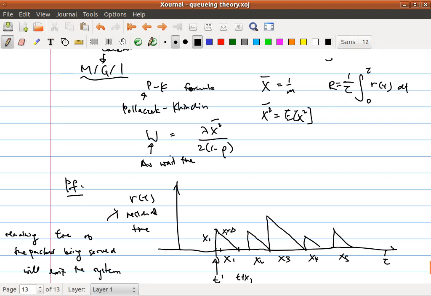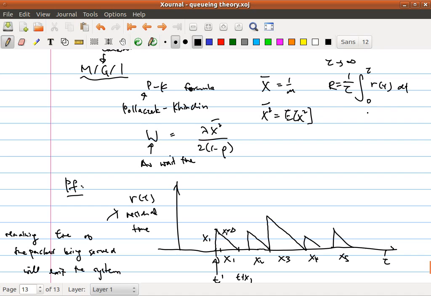Probably we should take tau to the limit to infinity, but at the moment we just fix some tau. It should be like this, right? The average R will be: we find all the area underneath this R curve here, and then we just divide by the length of this tau.